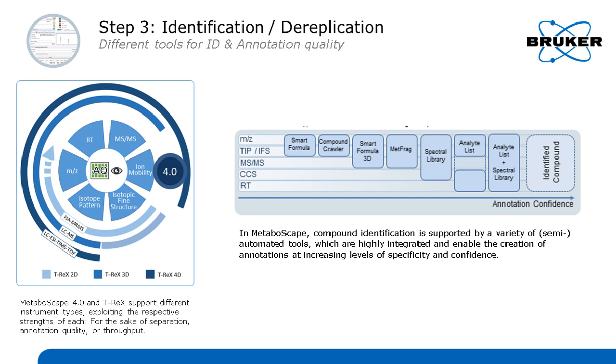So you can judge the accurate mass of the precursor, the isotopic pattern, the fragment spectrum match, the retention time, and if you're dealing with timsToF data, you can also compare the CCS value. And then we also support less confident annotations by the tools I just explained to you. So all these tools take different strengths of the different instruments into account.